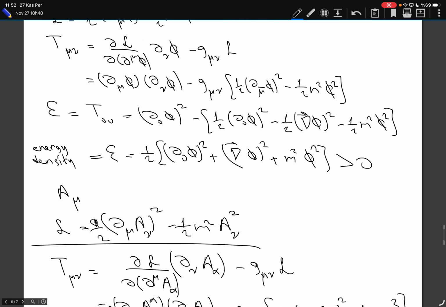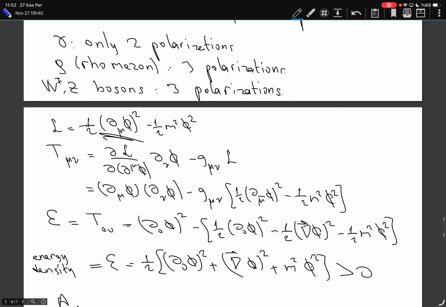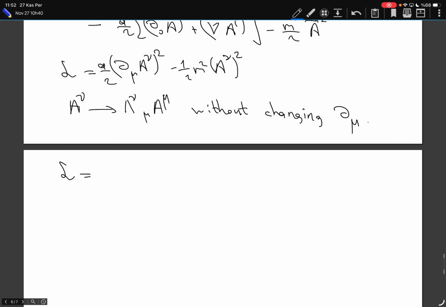Yes, so just look at this term. I have the 2 derivatives in a single expression. Those are my kinetic terms. So let me try to write down the most general kinetic terms that are consistent with these requirements. It should contain derivatives. It should contain 2 derivatives, in fact.